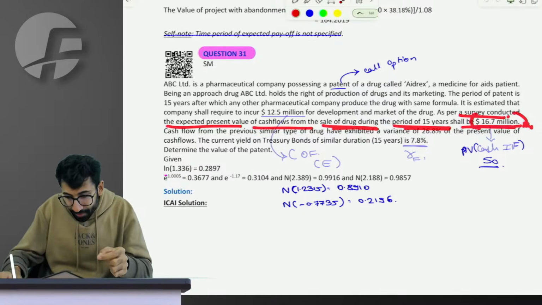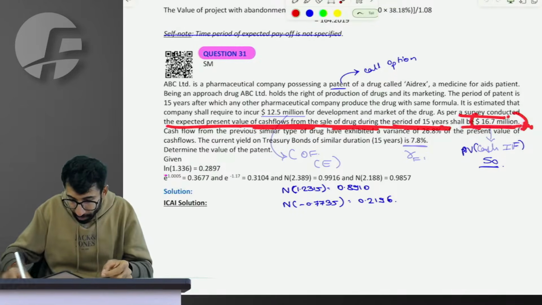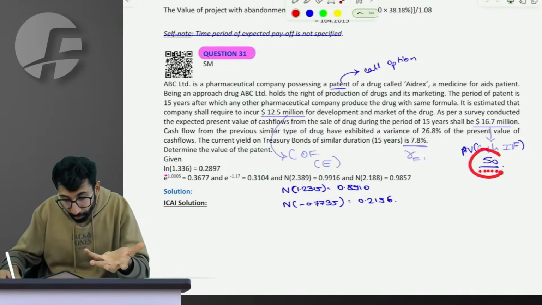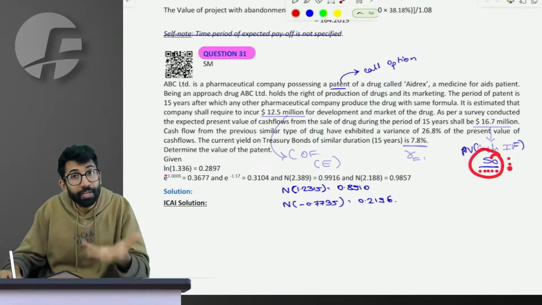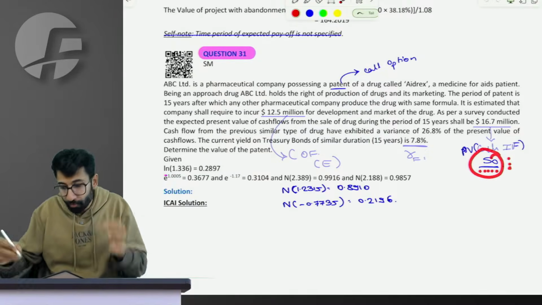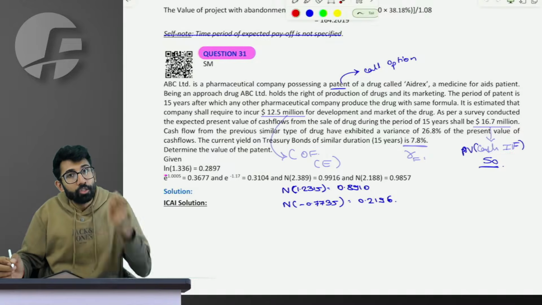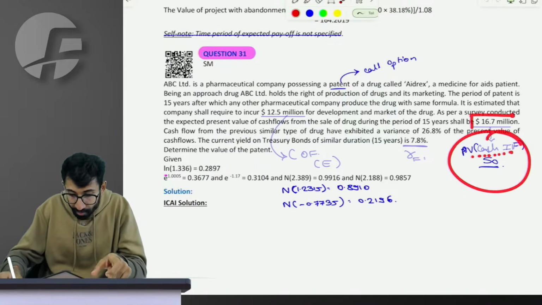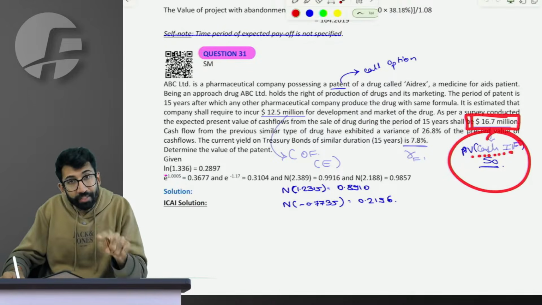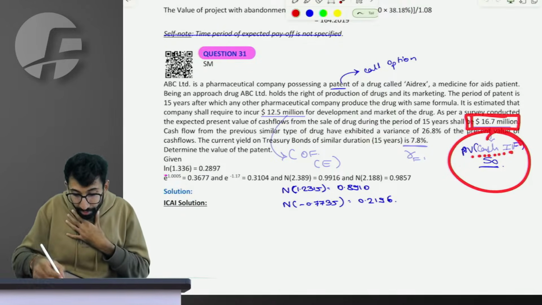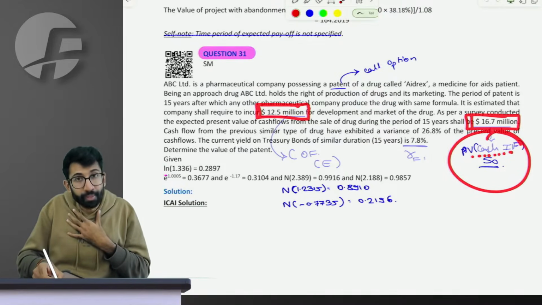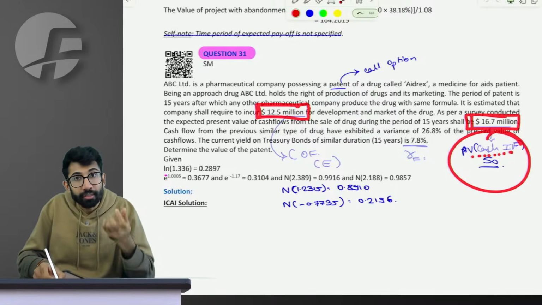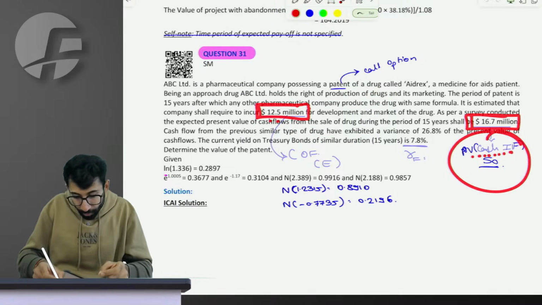So 16.7, which is the present value of future cash flow, is nothing but the value of the asset today itself, calling it the spot price of the underlying asset, S0, which is the present value of cash inflow. So an asset whose present value in the market today is 16.7, the same asset I can buy at 12.5 million, because I know that the investment needed to own that project, to start that project, is only 12.5 million.